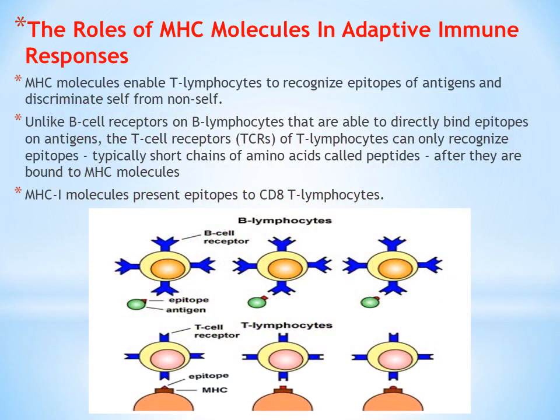Now, what is the role of MHC molecules in adaptive immune responses? MHC molecules enable T lymphocytes to recognize epitopes of the antigen and discriminate self from non-self. Very important, B cell receptors directly bind with epitopes present on the antigen, but T cell receptors cannot because they need processed antigen.